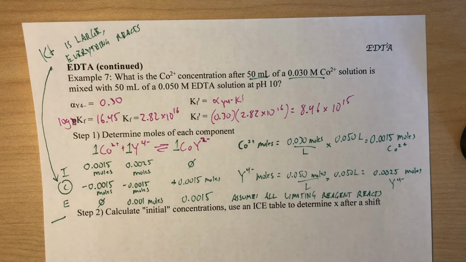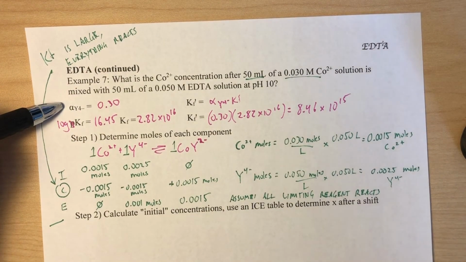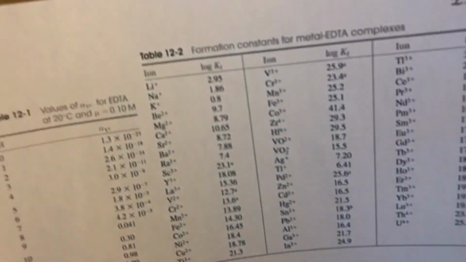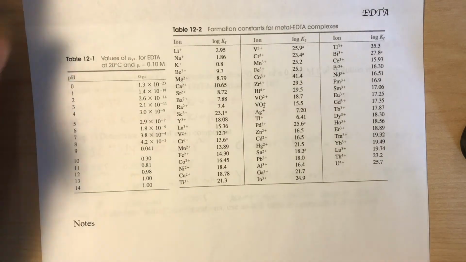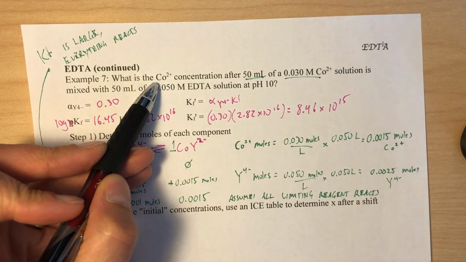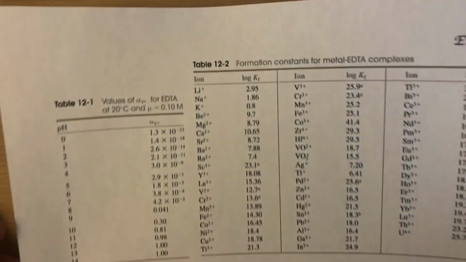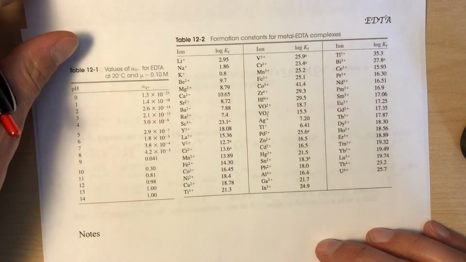So before we get started, we can record a few values. Our alpha value is at a pH of 10, which is again equal to 0.30. The metal that we're interested in is cobalt at the +2 oxidation state, which has a log of Kf that's equal to 16.45.